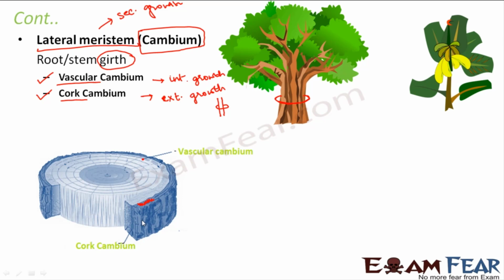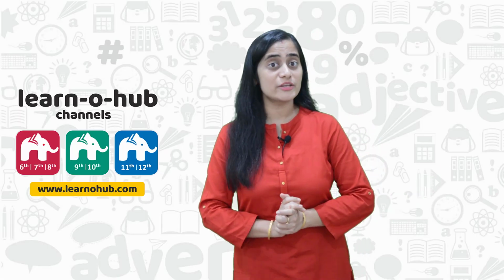The third is lateral meristem or the cambium, which causes secondary growth because it increases the girth of the root or stem. Here again we have two types: vascular cambium, which causes internal growth, and cork cambium, which causes the external growth. Correct?